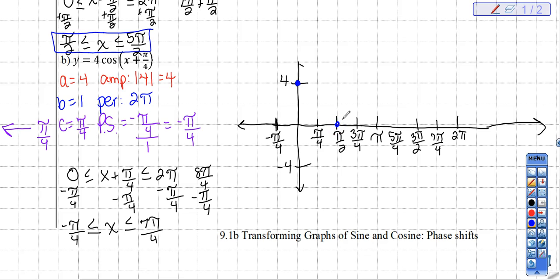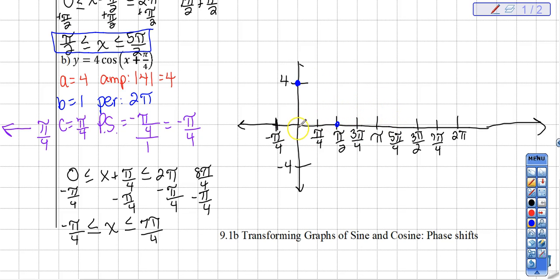That's good enough for me to see how far apart my maximums, zeros and minimums are. So from here to this point, I went right 2 and down 2. That's how I'm going to space my cosine function.